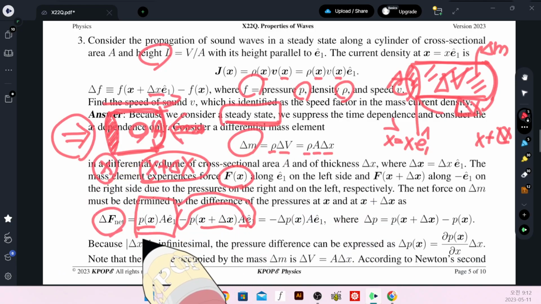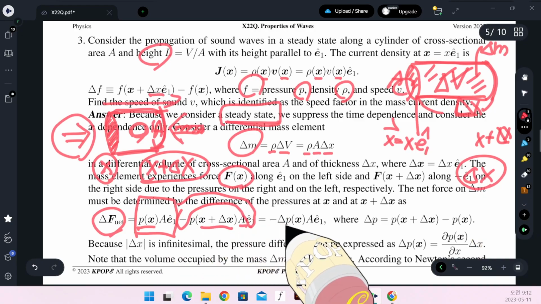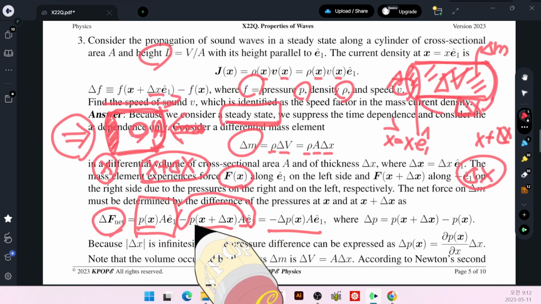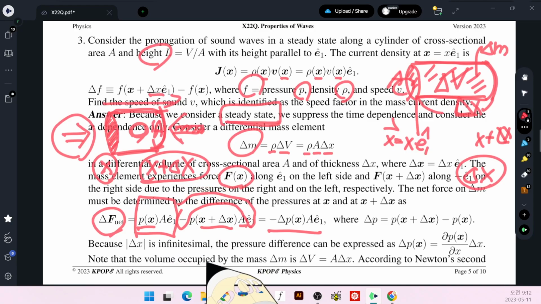As a result, if delta x is very small, then we can expand this. We have the difference of the two pressures at x and x plus delta x.